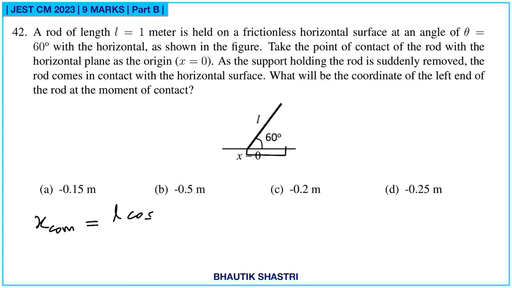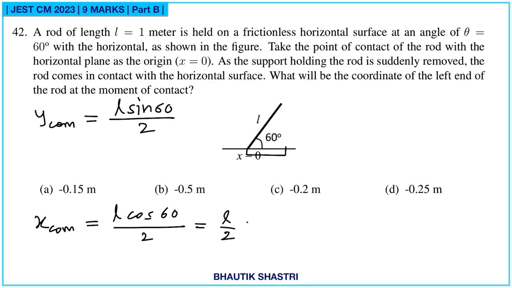So I can write here L cos 60 by 2. Similarly, Y COM will be L sin 60 by 2. But we are interested in X part only. This will be L cos 60 by 2. This will be L by 2. Cos 60 is half. So this will be L by 4.